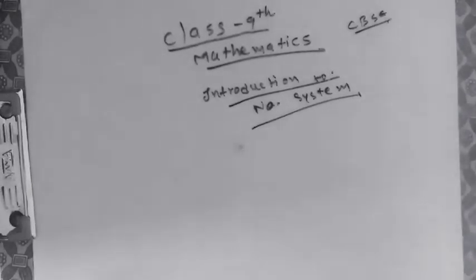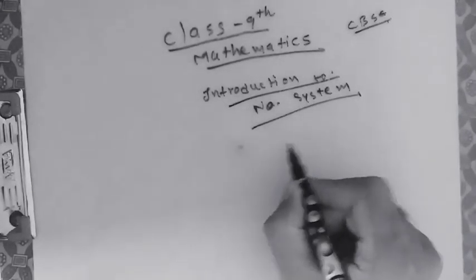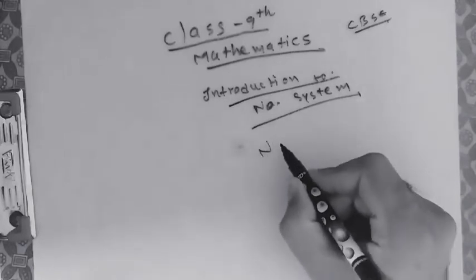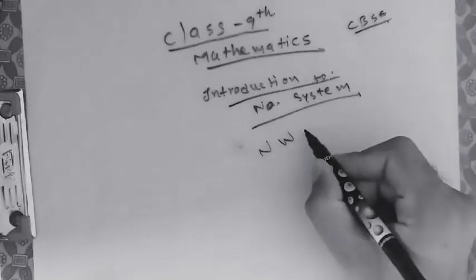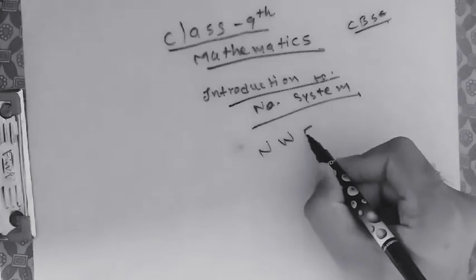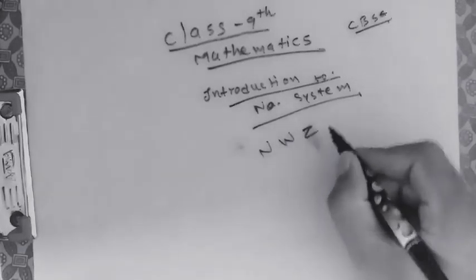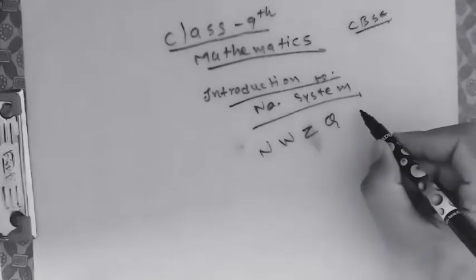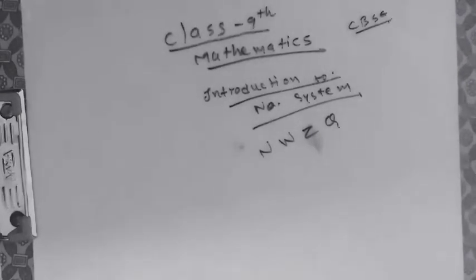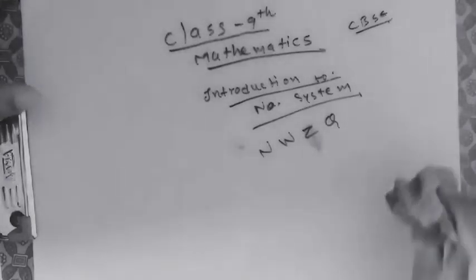So we already discussed the types of number system like natural numbers, whole numbers, integers, and rational numbers. So today we discuss a new type of number system which is called irrational numbers.